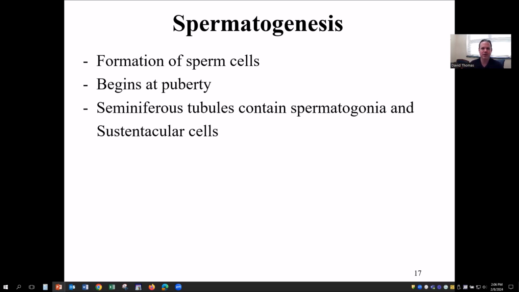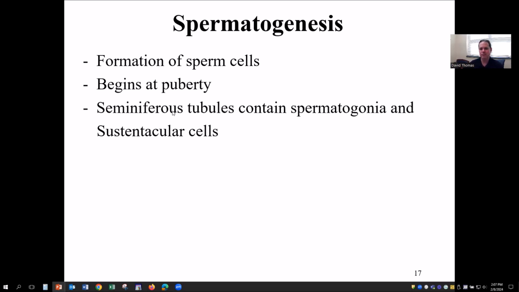But one thing that stands out here about spermatogenesis is that it does begin at puberty. That's different than how females go through oogenesis, or production of egg cells, and we'll see that in just a little bit.